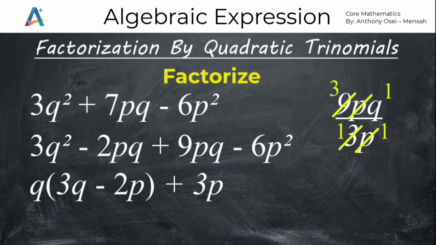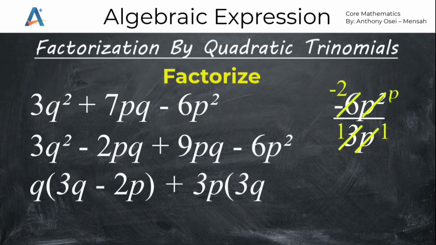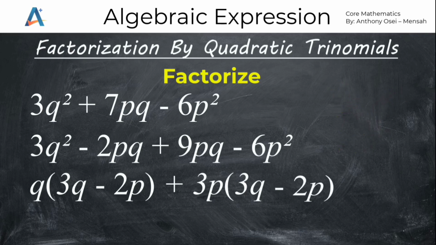So it remains with 3q as our answer. Let's take the next term, minus 6p squared, and divide it by the common factor 3p. 3 into itself is 1, into negative 6 is negative 2. Then p into itself is 1, into p squared is p. So minus 2p will become our final answer.